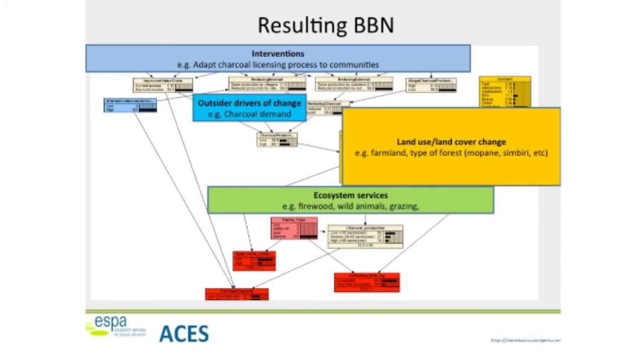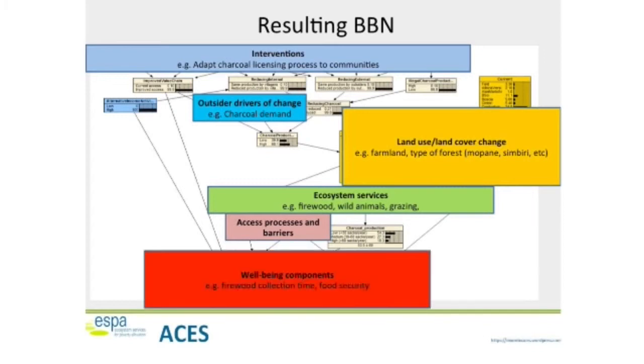That land cover change will change the availability of different ecosystem services like firewood, wild animals for food or grazing. And then there are some access processes and barriers that will control how, from this availability of ecosystem services, that affects the well-being of the population.